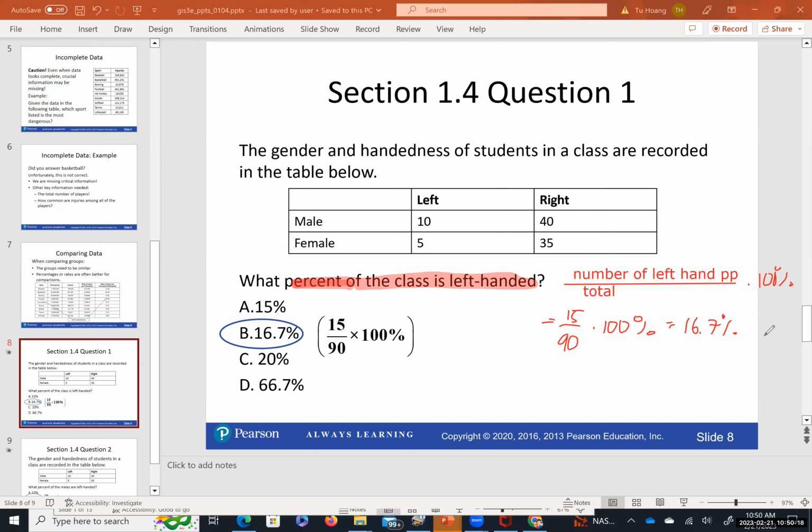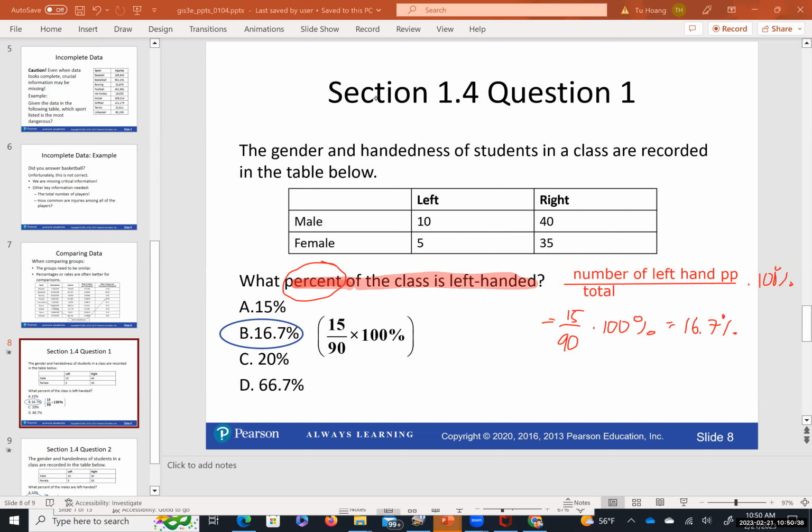Okay. So that is the way we find it. Keep in mind that this question is talking about percent, right? If they ask for the percent, then you multiply by 100%. If they don't ask for the percent, if they ask for a proportion, then you don't have to multiply by 100%.